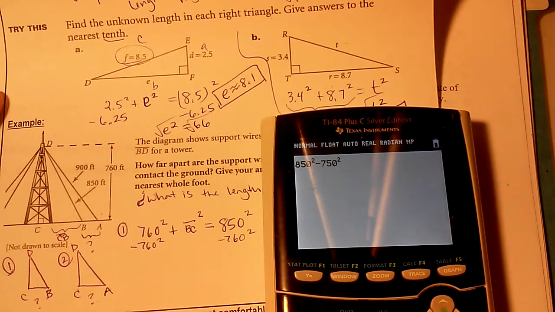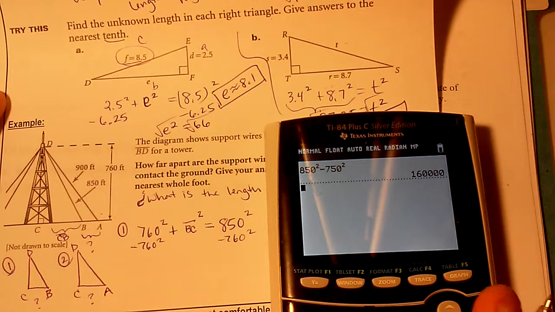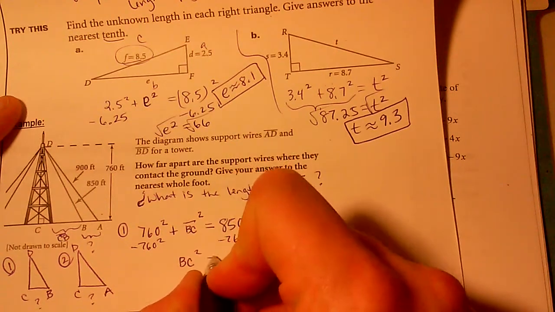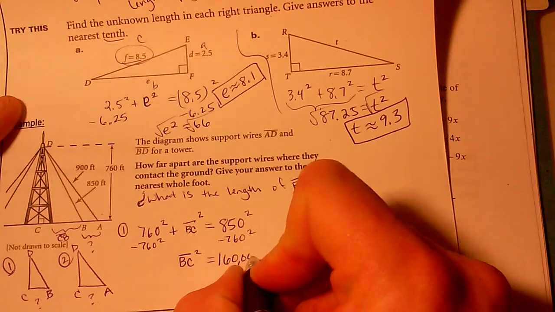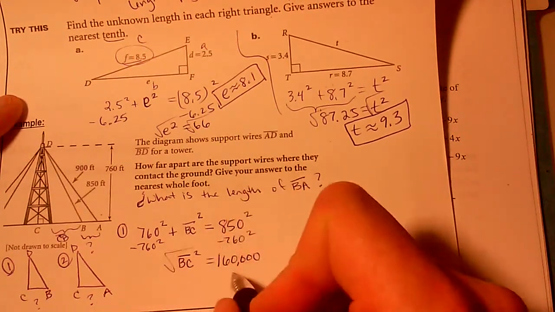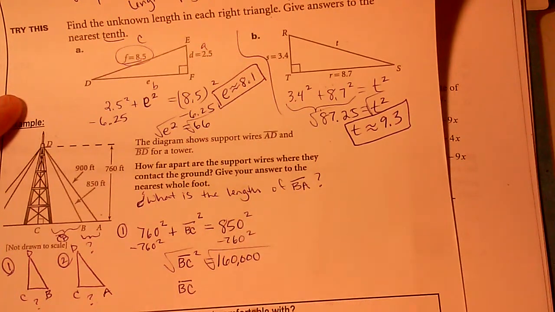This is not the same thing as 100 squared. It is 160,000. So BC squared equals 160,000. I have a thing squared, so I'm going to square root both sides. So this leg length BC is 400.